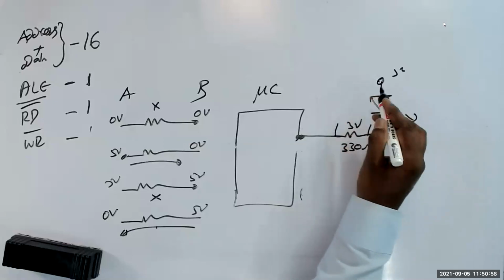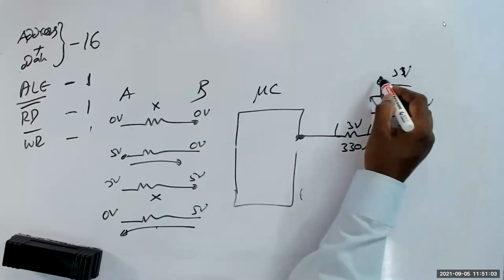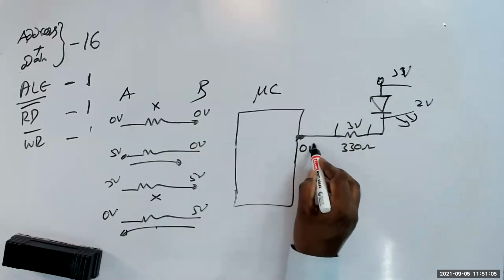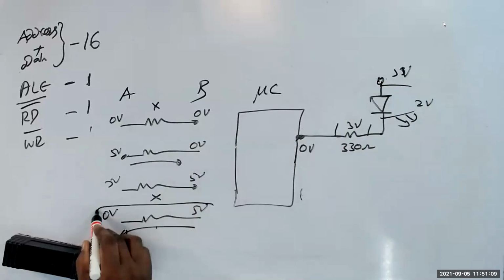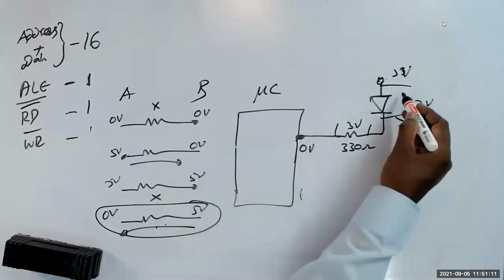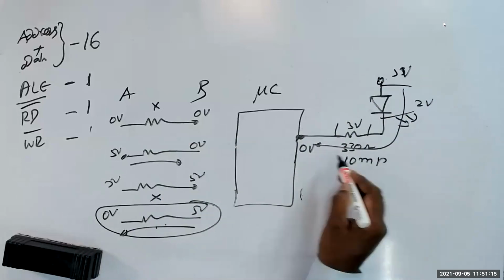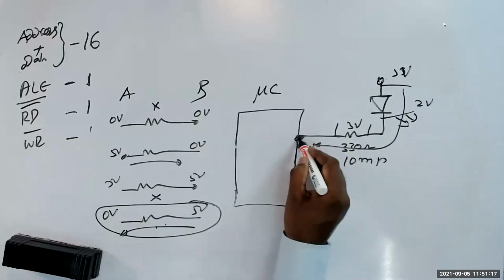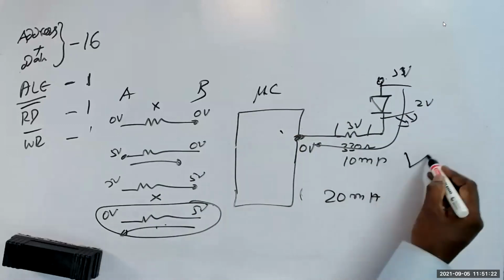And the LED is 2 volts. Now you see here, when I make this pin 0 volt, this is 5 volt. That is this condition. The current is coming in. How much? 10 milliampere. But I told you that this pin of the microcontroller can take 20 milliampere. So this is the correct circuit.